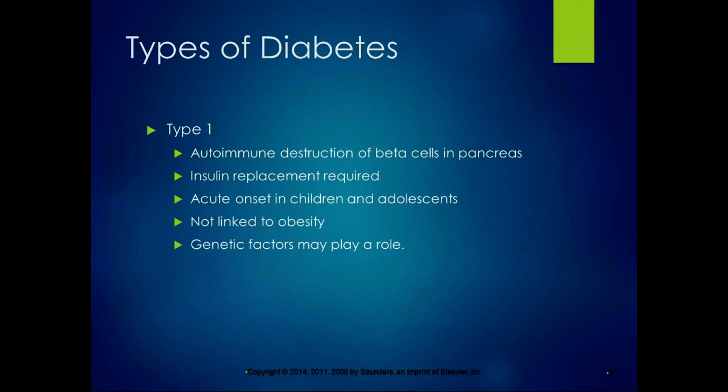So in type 1 diabetes, it's an autoimmune destruction of the beta cells in the pancreas. The beta cells are the ones that create the insulin. Insulin replacement is absolutely required. Usually the onset is acute in children or adolescents. It's not linked to obesity like type 2 is, and genetic factors may play a role.